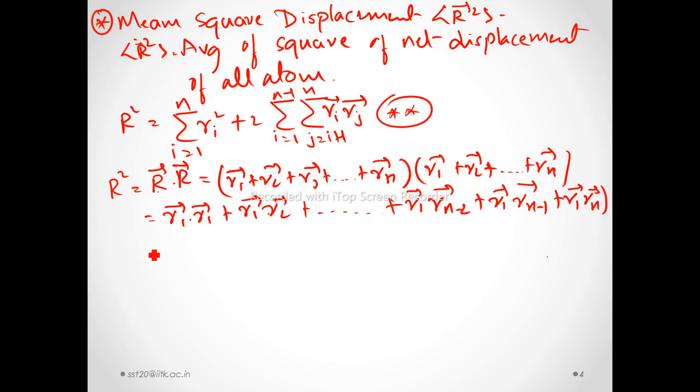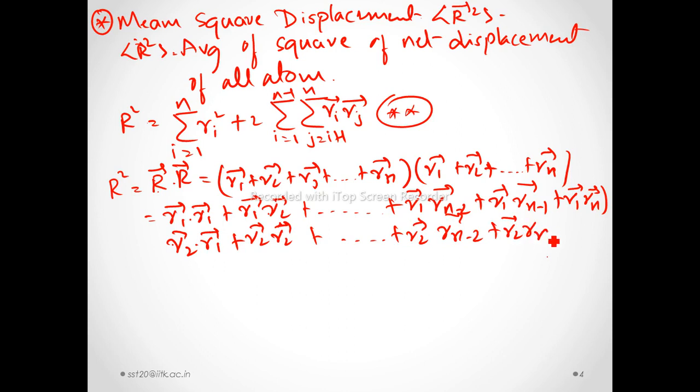That's why we are considering this one. So similarly for R2, R2 bar Rn minus 1 plus R2 Rn.